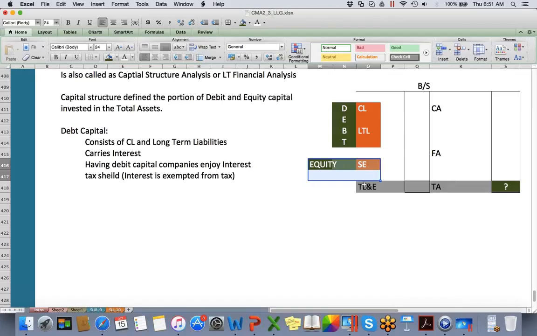Therefore, you issue a major portion of debt to acquire the fixed assets, total assets. But as we know, it has covenants, so we need equity as well.